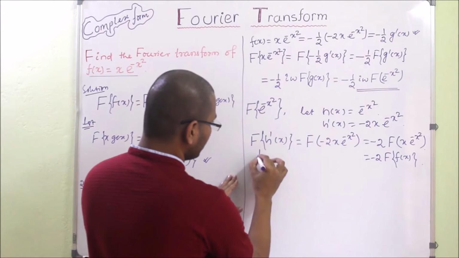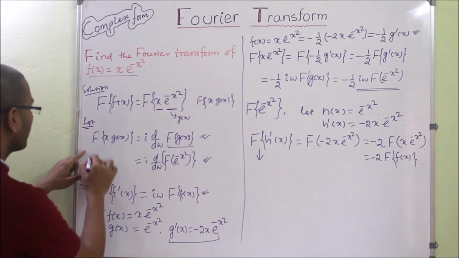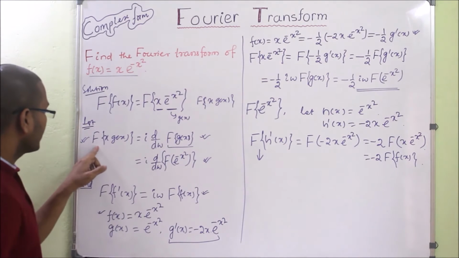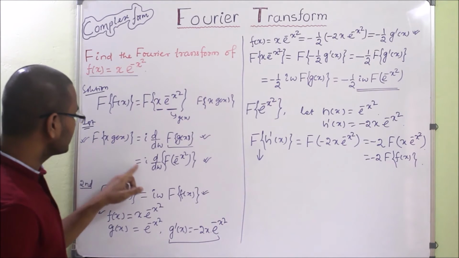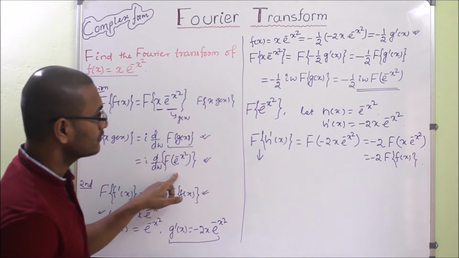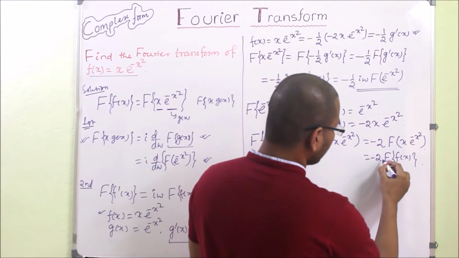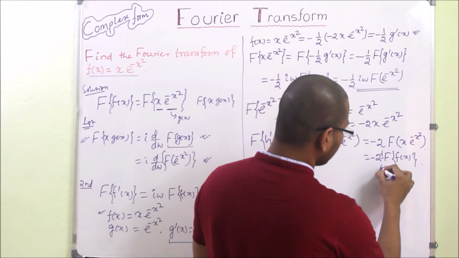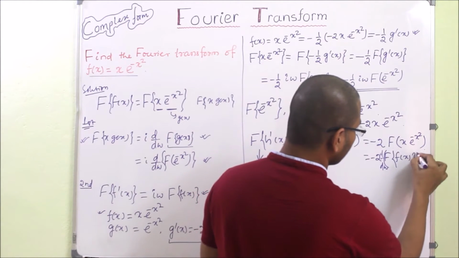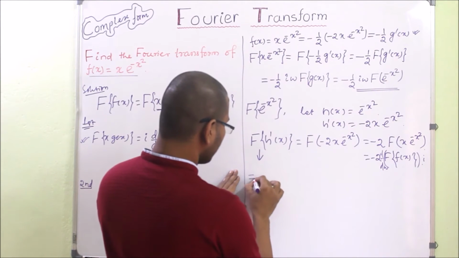But this is what, if I put the formula, this f of x into g of x, it will be I into d by dw of this. Yes or no? So it will be this d by dw, okay, into I. Clear?